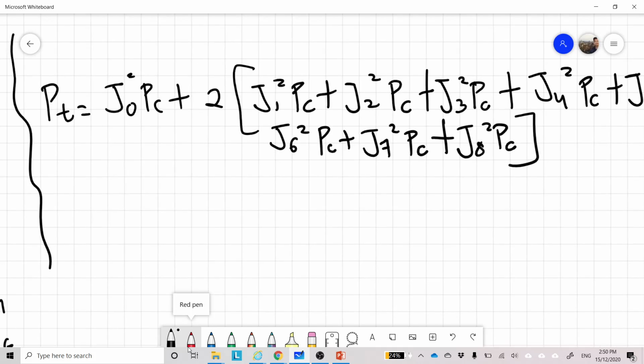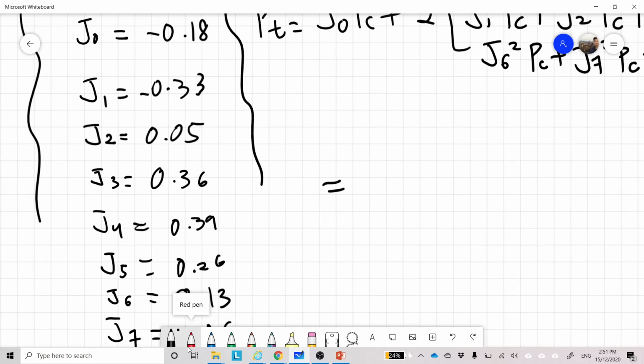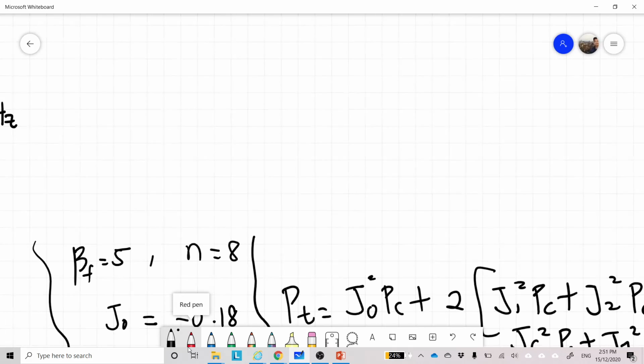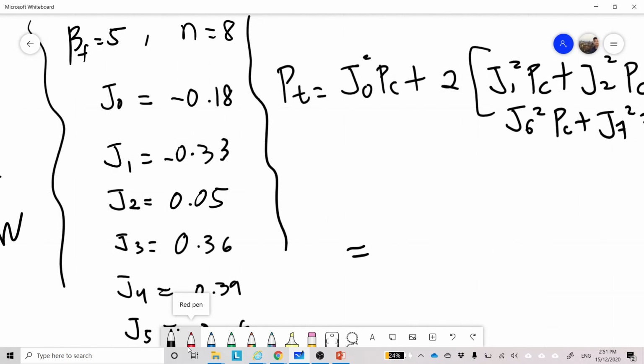Okay, so perhatikan di sini, PC kita boleh buat PC bersamaan dengan 7.2, kita dah kira sebelum ni.